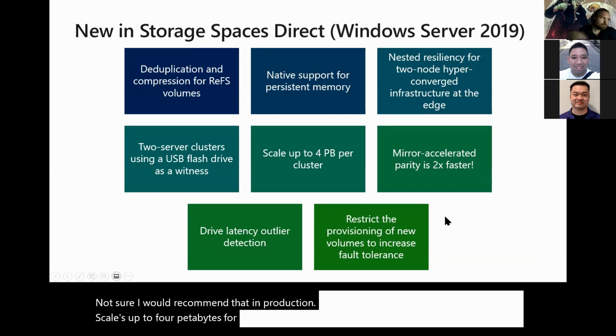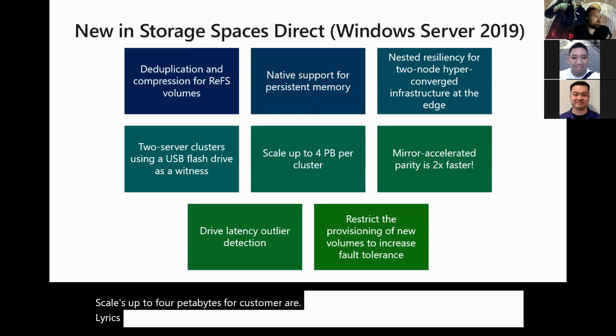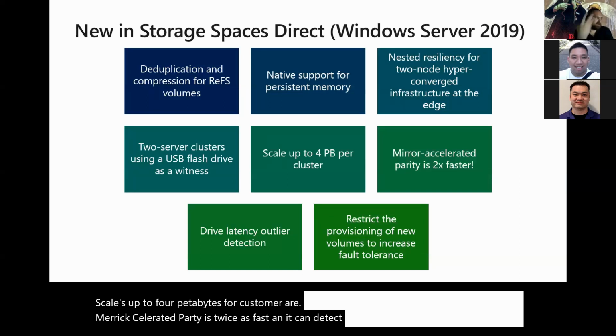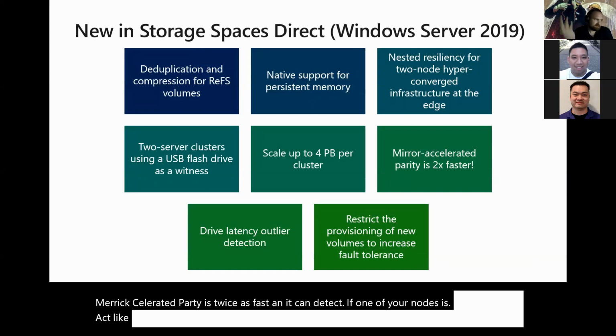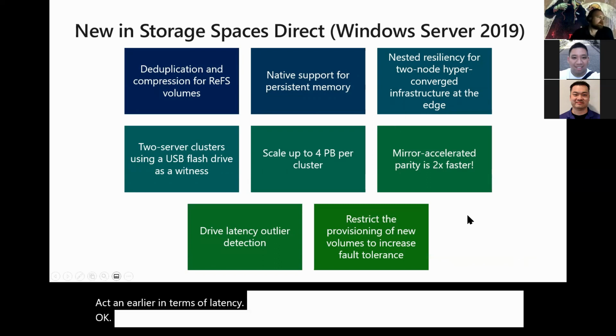Our mirror-accelerated parity is twice as fast. And it can detect if one of your nodes is acting like an outlier in terms of latency. And you can even restrict the provisioning.